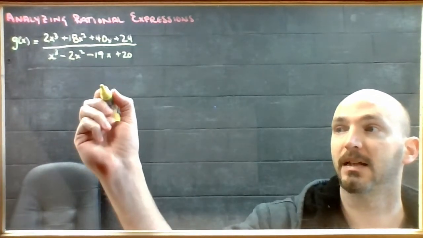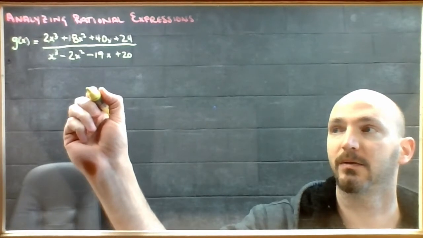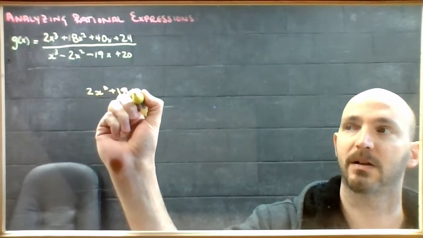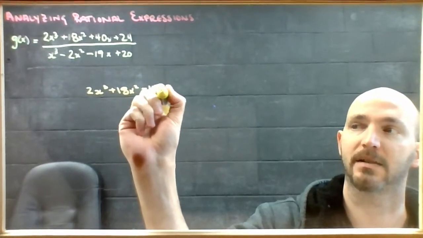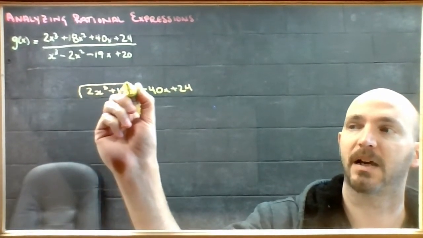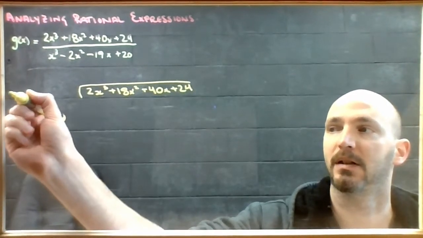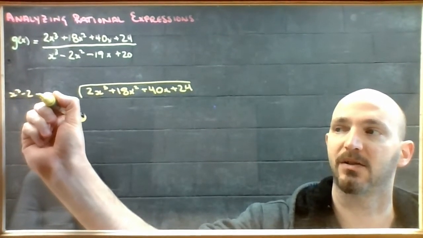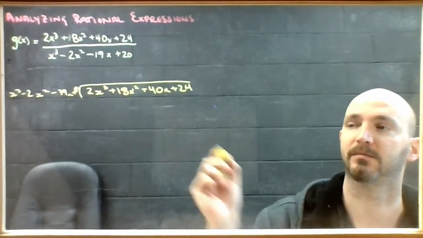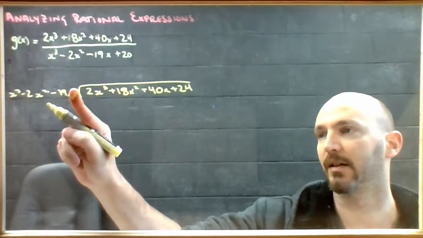So I'm going to be taking 2x cubed plus 18x squared plus 40x plus 24, and I'm going to divide it by x cubed minus 2x squared minus 19x plus 20. That's not very tidy.